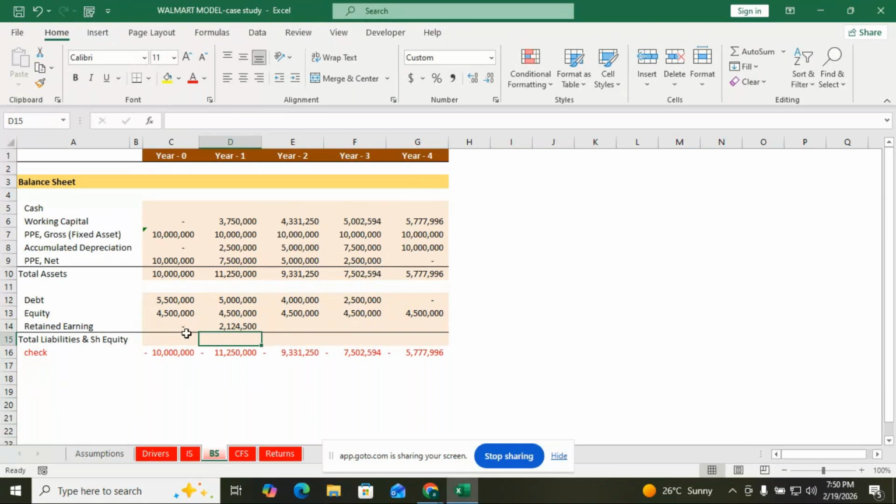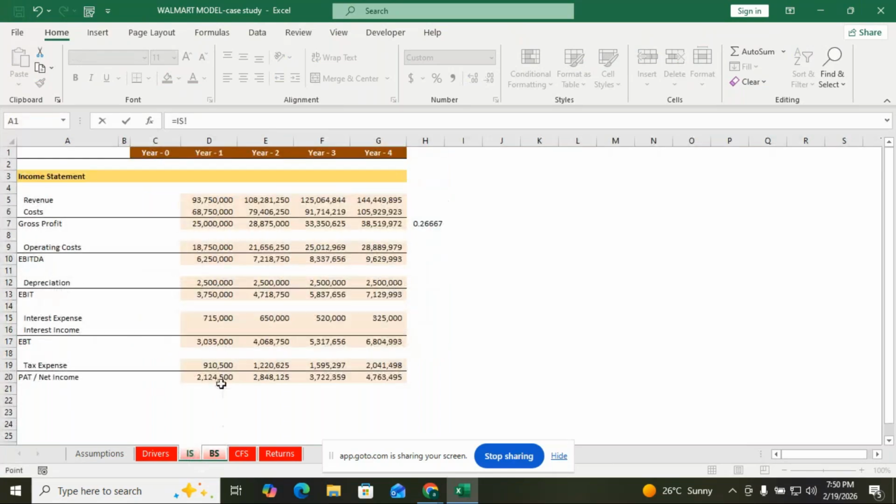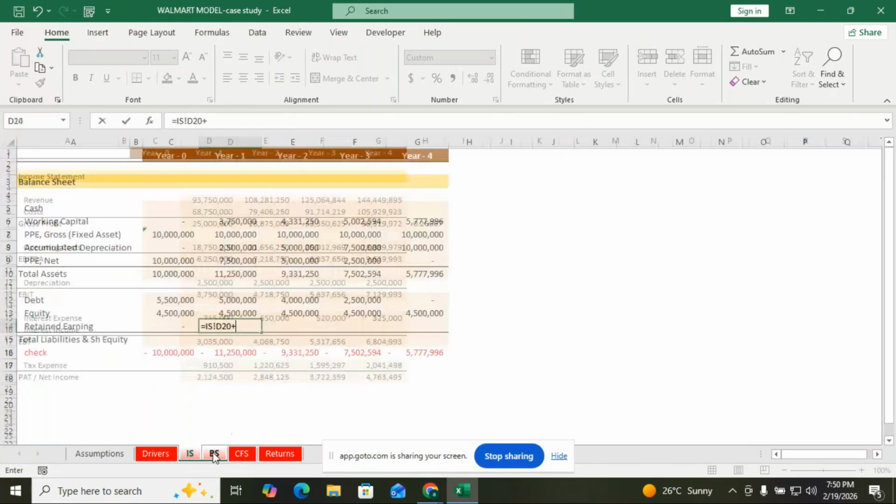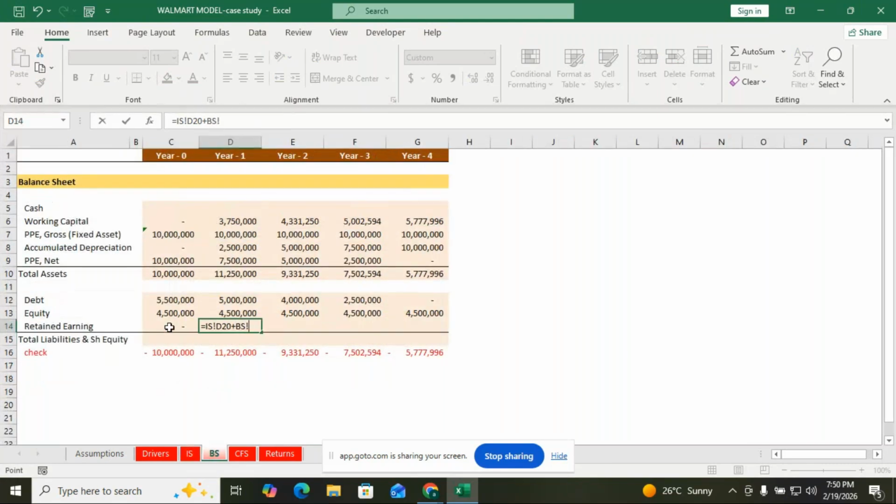And repeat again: retained earnings for year 0 is nil, equals 0. But for year 1, it equals year 1's PAT. So go to the income statement, take your PAT for year 1 plus, for year 2, come back to the balance sheet and take year 0 here. The same thing goes for the rest.